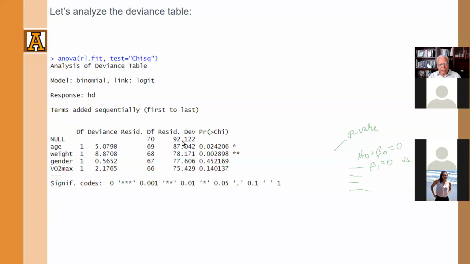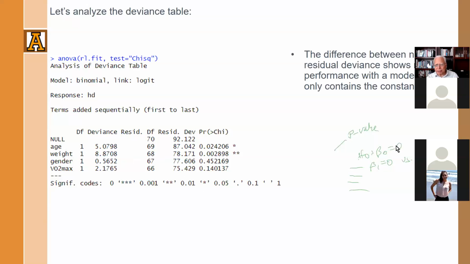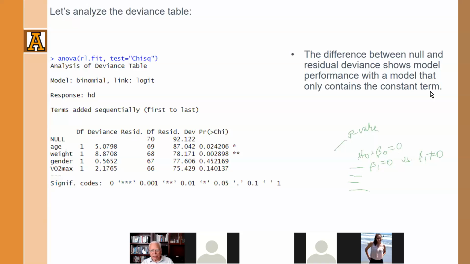That's 92.122. Now, every time we add a factor, it's telling me how much that deviance is reduced. So if I reduce here, I'm reducing the deviance. I put the explanation here, that shows the model performance.